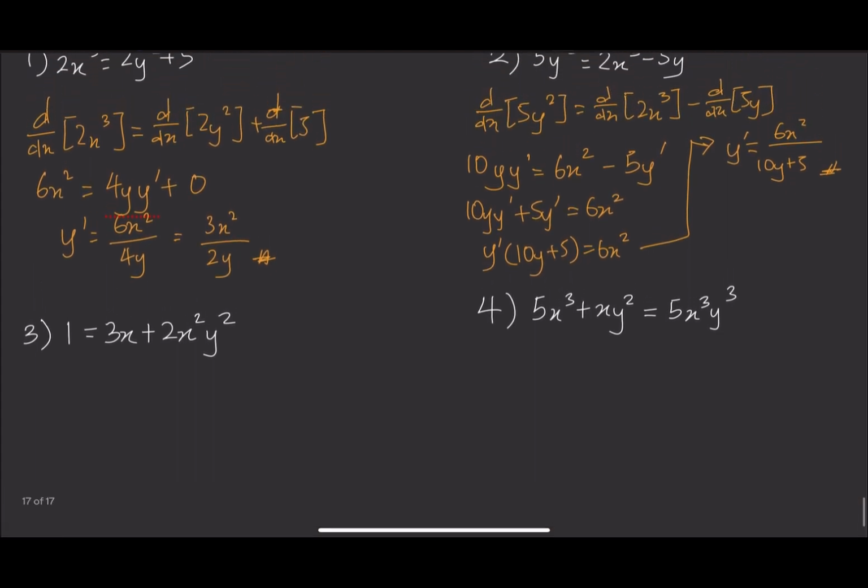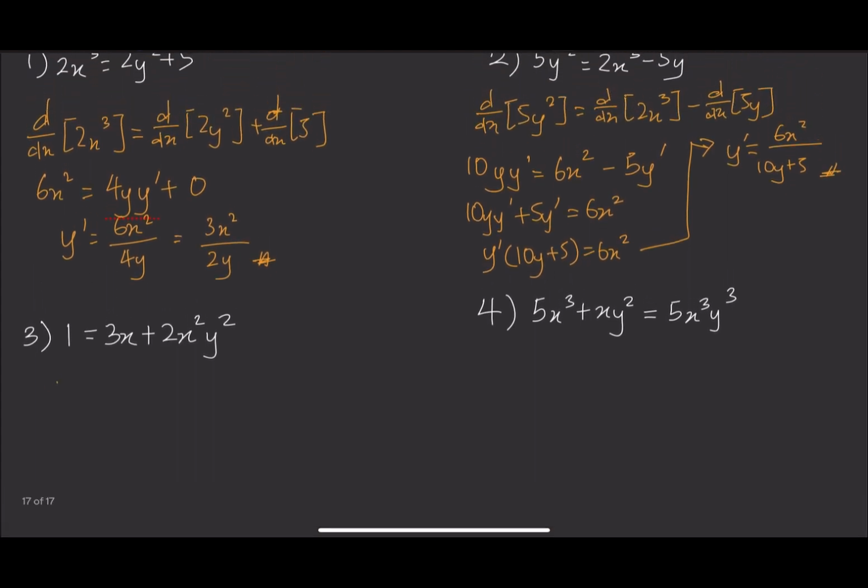Now, something a bit more challenging, right? For question 3, I challenge you to do it yourself first and then check it back, right? d/dx of 2x squared y squared. Now, in this situation, assuming that you have given it a go, 0 equals 3 plus, see here, over here, we have both x and y, right?